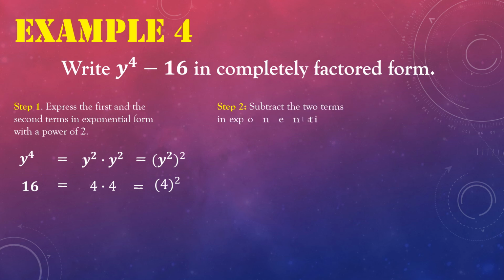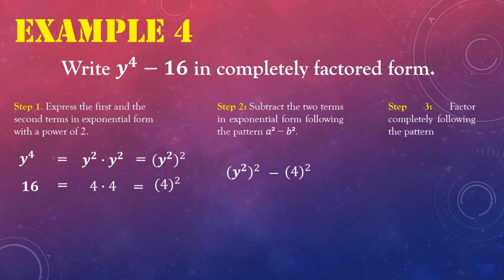In step 2, we are going to write down the exponential form following the pattern a squared minus b squared. So copy the quantity y squared raised to 2 minus the quantity of 4 raised to 2.